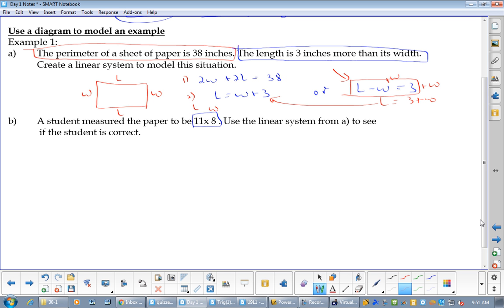So we can already tell equation 2 is going to work, because is the length 3 more than the width? So we know that one's going to work. Let's see if 2 times W, which is 8, plus 2 times 11, which is the length, equals 38. 16 plus 22 equals 38. 38 equals 38.